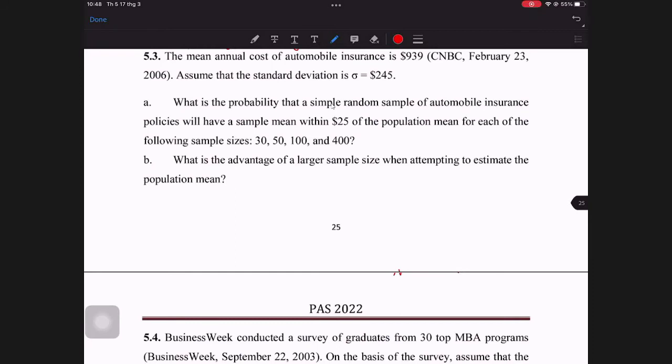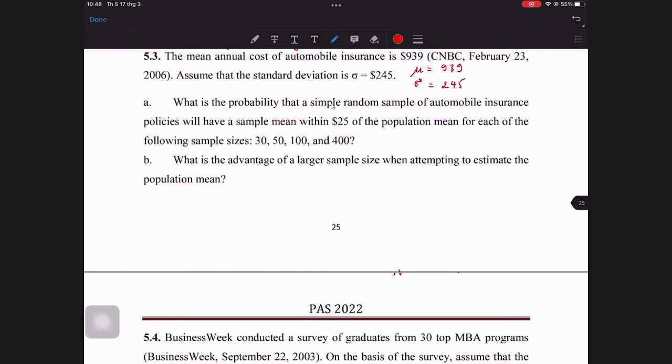All right, so for question 3 here, we have the mean annual cost of automobile insurance, and we have the standard deviation as well. Here we have mu equal to 939, and the standard deviation is 245.